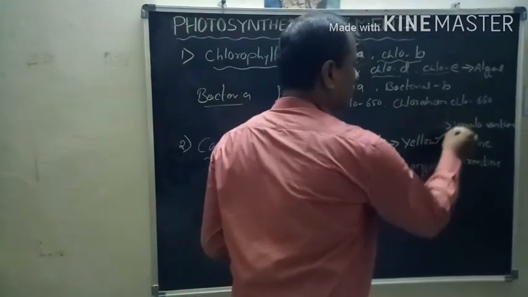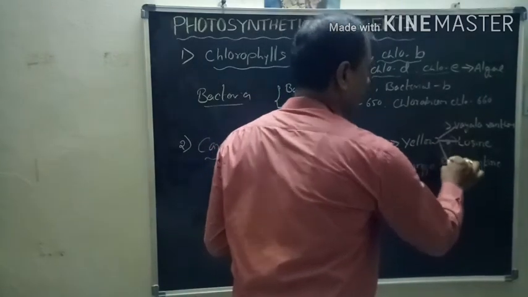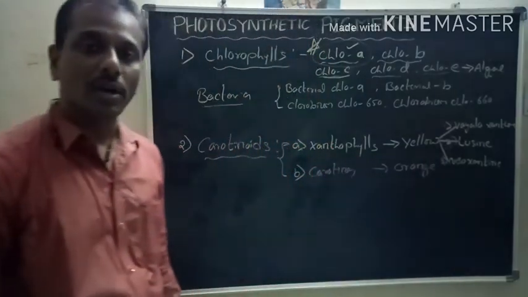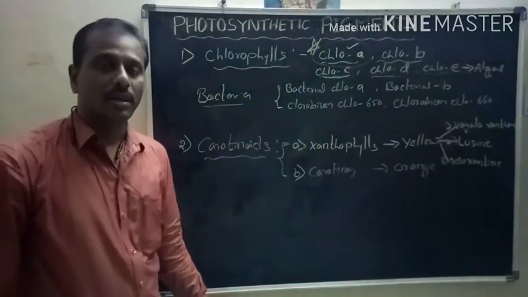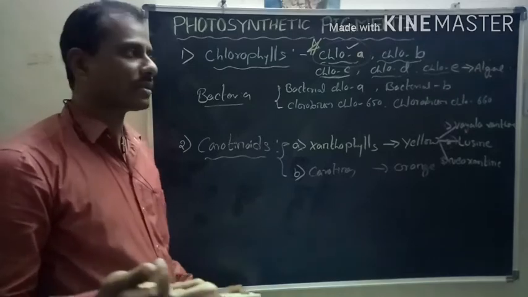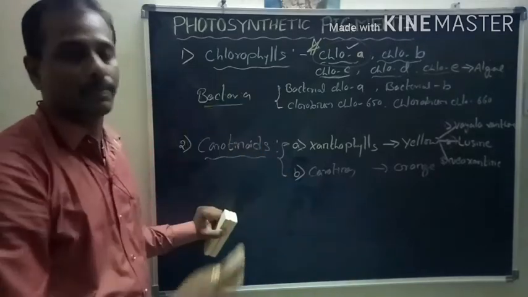These are the three types of xanthophylls which are present in higher plants. Heteroxanthin and fucoxanthin are present in the algae.